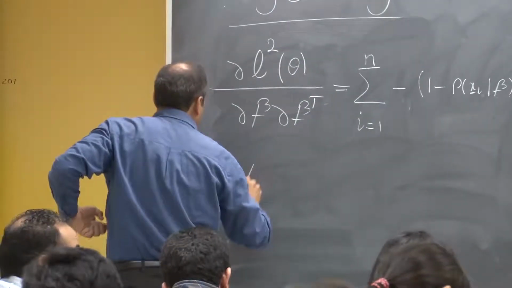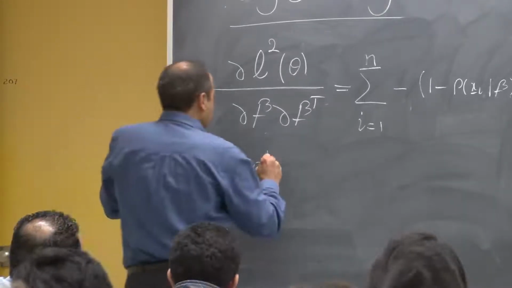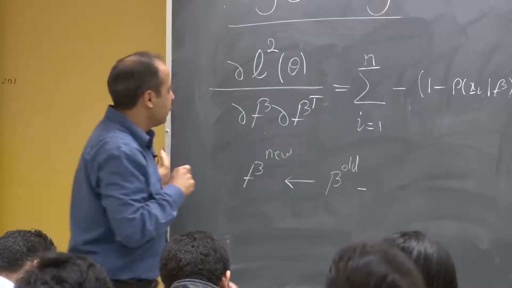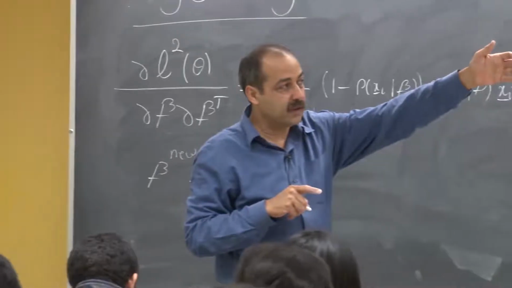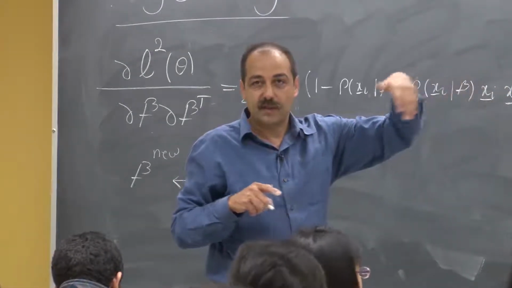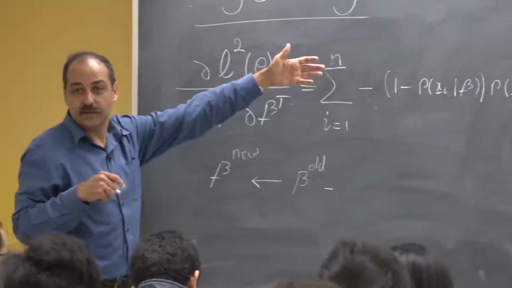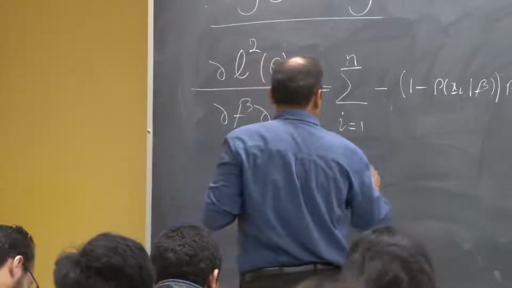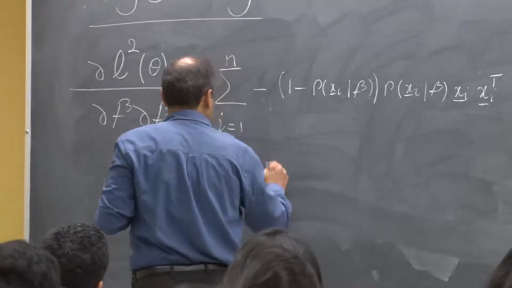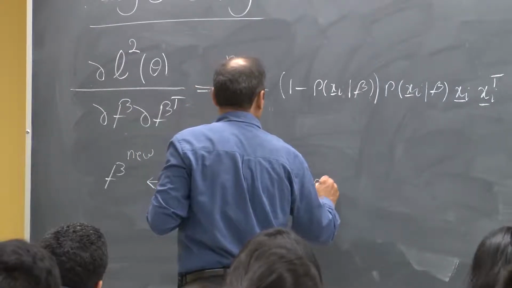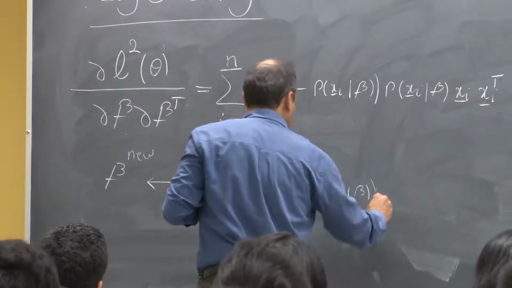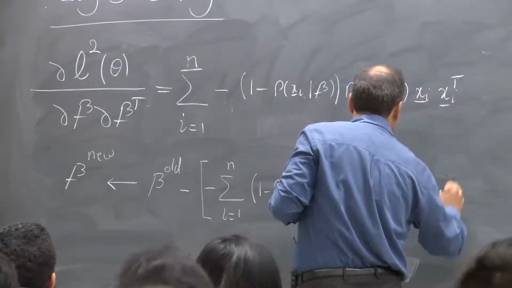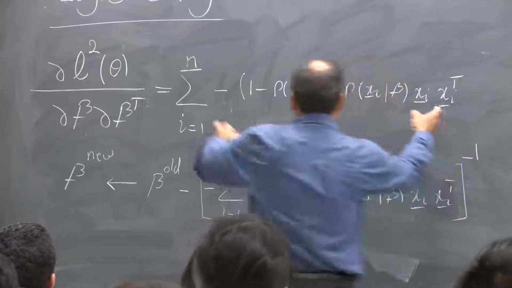So according to Newton's method, I need to initialize beta, and then the new beta would be the old beta minus the first derivative divided by the second derivative, or in matrix form, the inverse of this matrix times the vector of the first derivative, the Jacobian. So basically, I have to take the inverse of this times this.